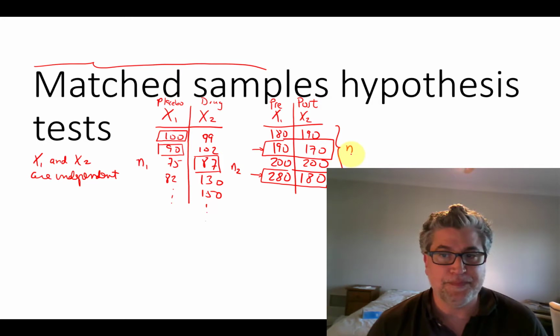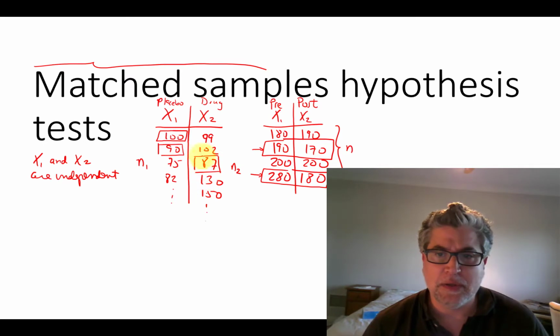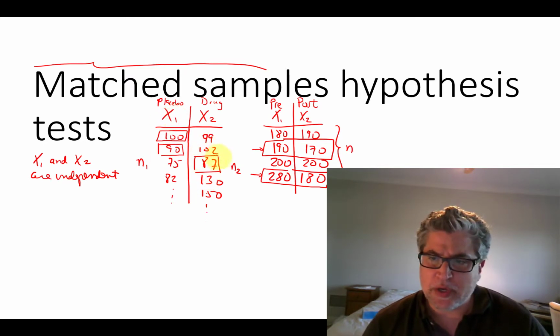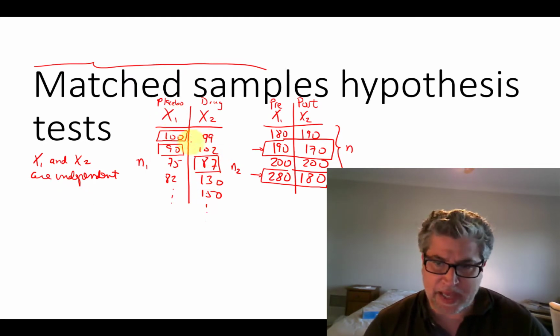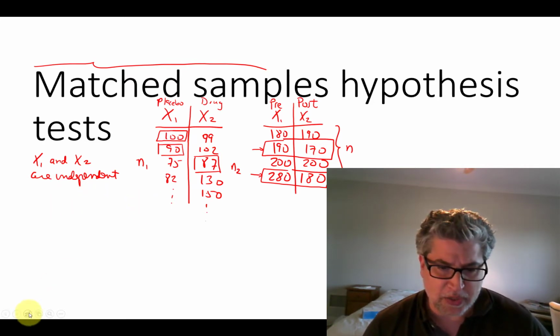And so we just have n of these. In the first situation, these guys didn't match up. 100 didn't match up with 99. So we could have taken our data set and shuffled it around. We could have taken x1 and kept it the same and shuffled x2. So let me switch colors here.